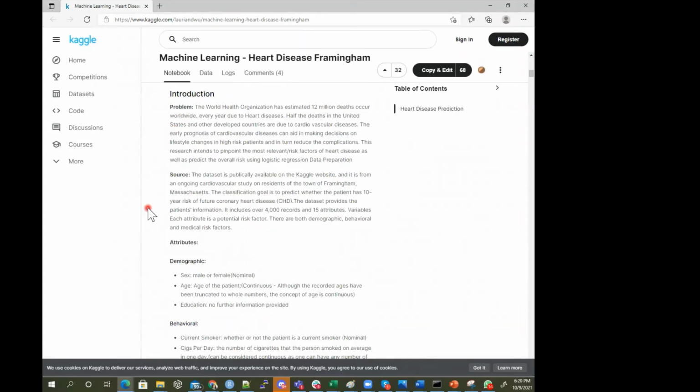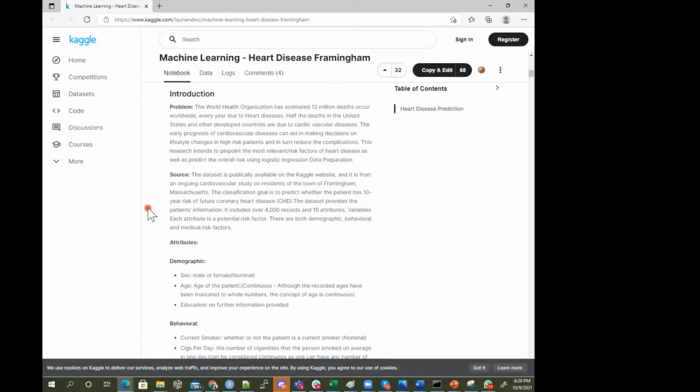The World Health Organization has estimated 12 million deaths occur worldwide every year due to heart diseases. Half the deaths in the United States and other developed countries are due to cardiovascular diseases. The early prognosis of cardiovascular diseases can aid in making decisions on lifestyle changes in high-risk patients and in turn reduce the complications.